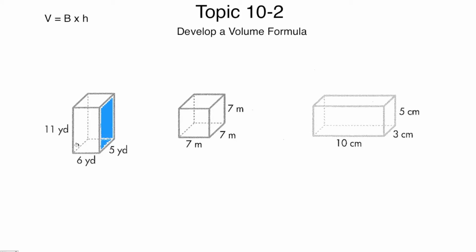Again, whatever you determine your base is, then determine the shape of it. Now go ahead and push pause and draw these figures and put these dimensions into it. Okay, now the second step, this is the universal formula for volume.